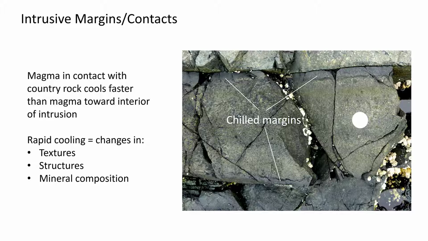When magma comes in contact with the country rock, it cools faster at its margins, and these are known as chilled margins, and the cooling progresses toward the interior of the intrusion from there. Rapid cooling on the edges compared to slower cooling in the center results in changes in textures, structures, and mineral composition through the cross-section of the intrusion.